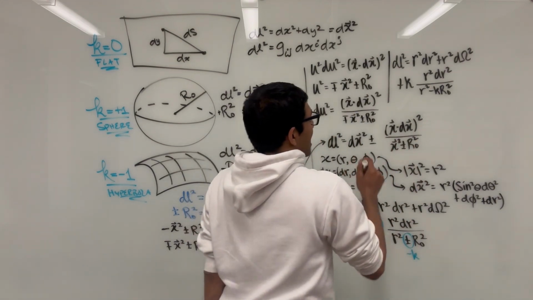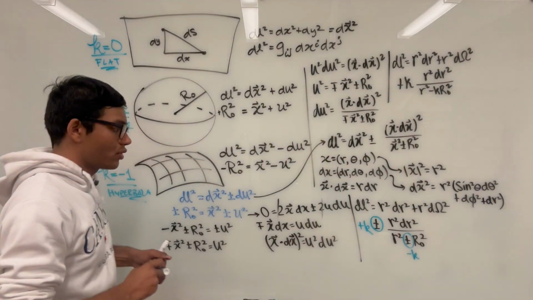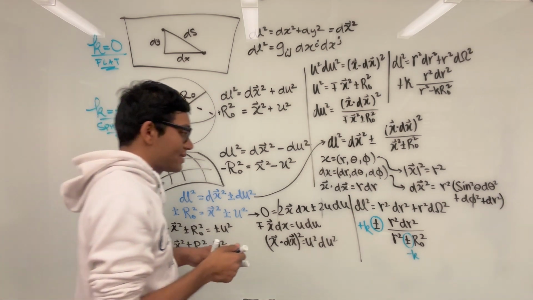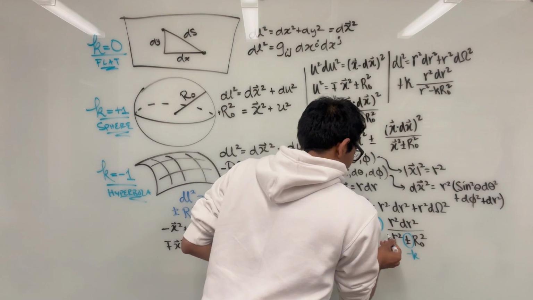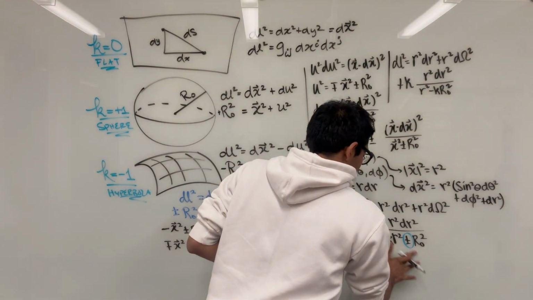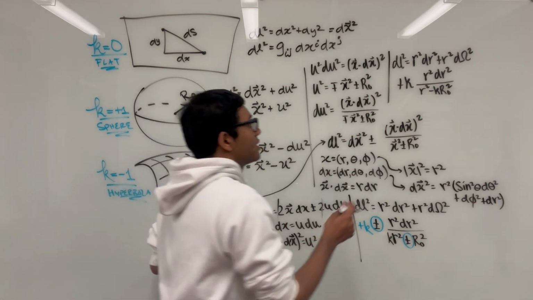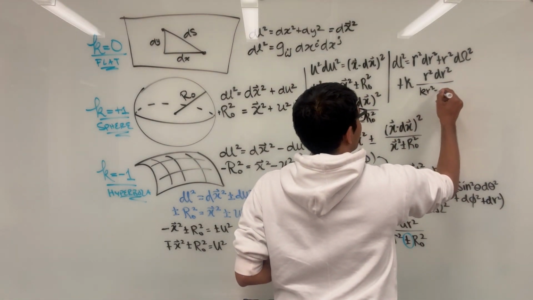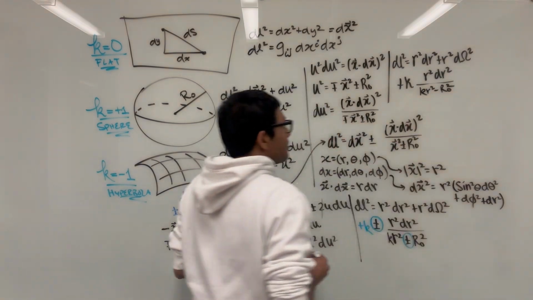Oh, by the way, I think my plus minus should be with this r squared, not with the other one. So this should actually be k r squared minus r naught squared.